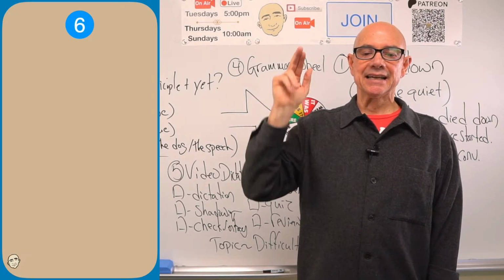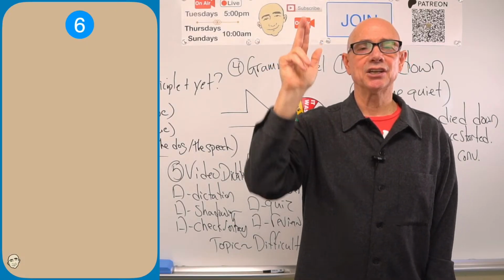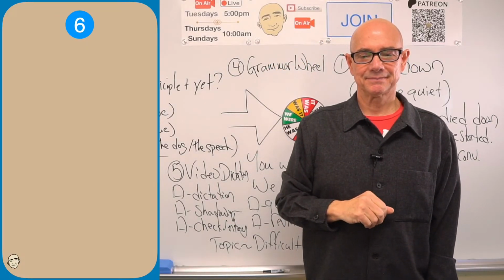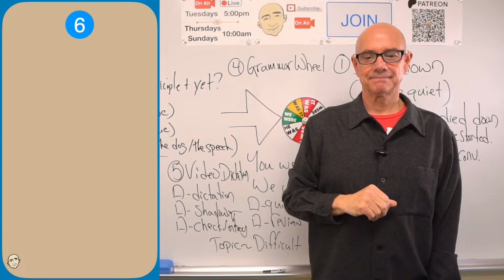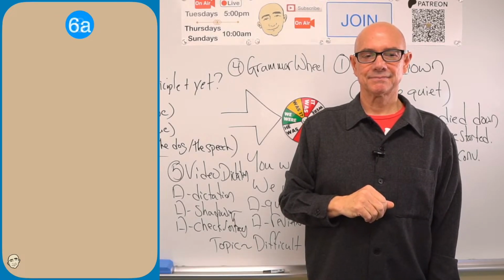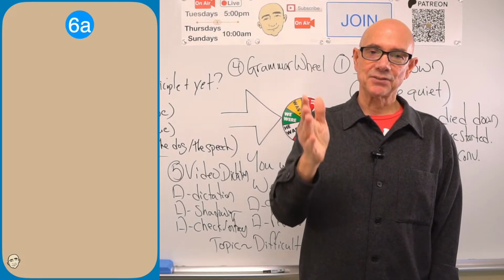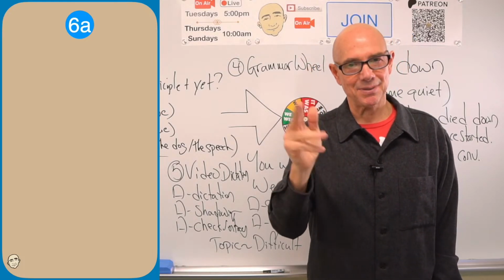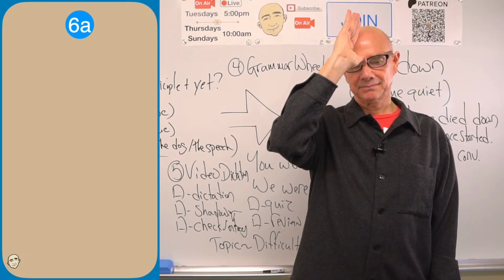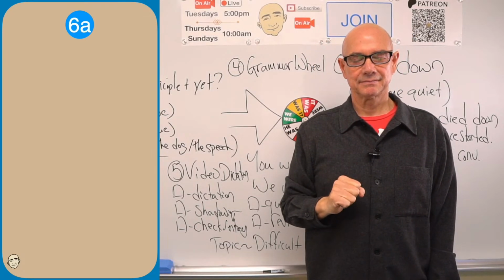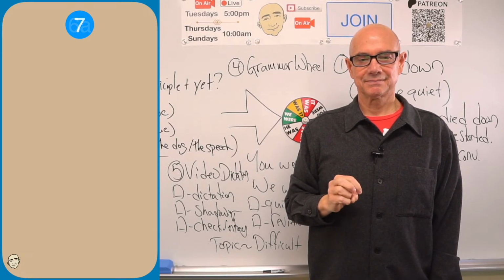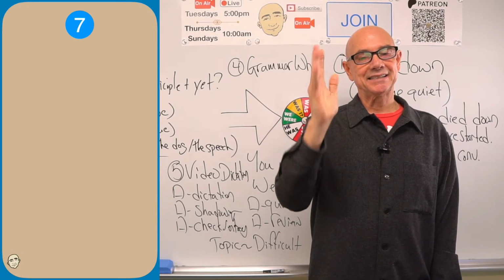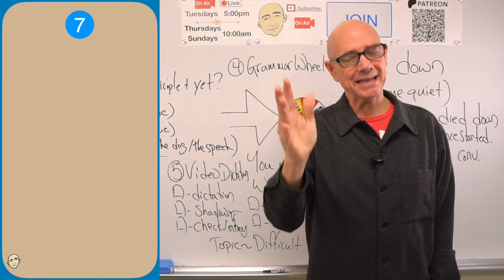6. It's difficult to say goodbye. It's difficult to say goodbye. It's difficult to save money.